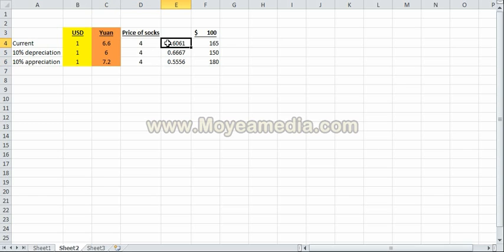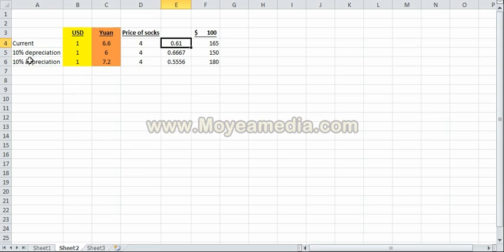That means that one US dollar exchanging for 6.6 yuan would need approximately 61 cents in US dollars in order to purchase this package of socks. 100 US dollars would yield 165 packages of socks.